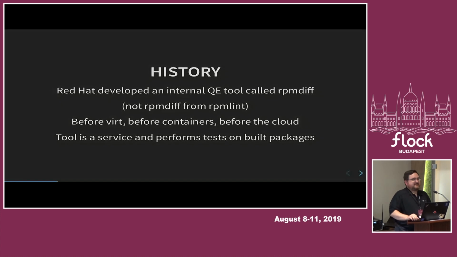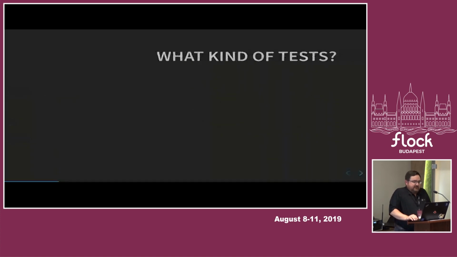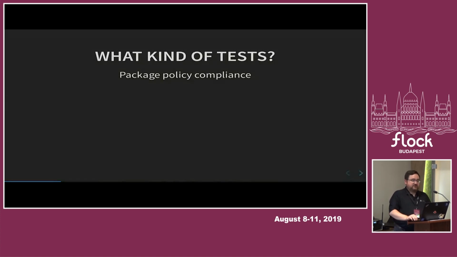The service aspect here is key. There's no way for a package maintainer to really interact with rpmdiff at all. It's automatically scheduled. The results are then posted and you have to fix it, sometimes, often, not really knowing what it's testing. So what kind of tests does it do? Package policy compliance, so making sure you've named something correctly, making sure you have an approved license on the package, all of that metadata in there.